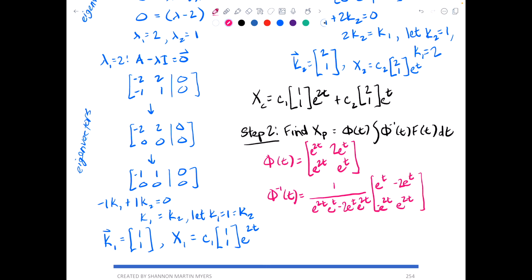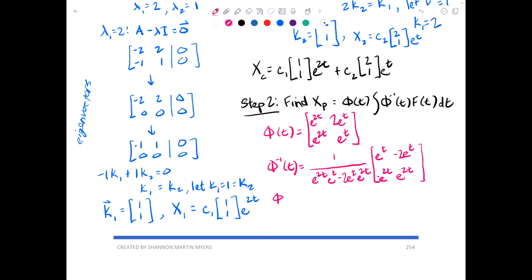All right. So e to the 2t times e to the t will be e to the 3t. So we have 1 e to the 3t minus 2 e to the 3t is going to be negative 1 over e to the 3t, which is negative e to the negative 3t, times what we got in here.